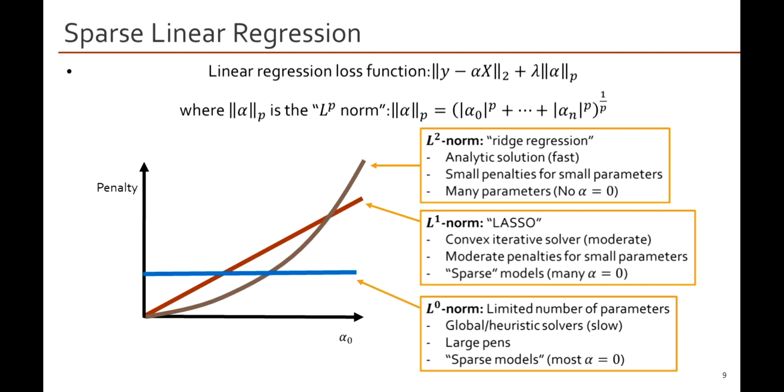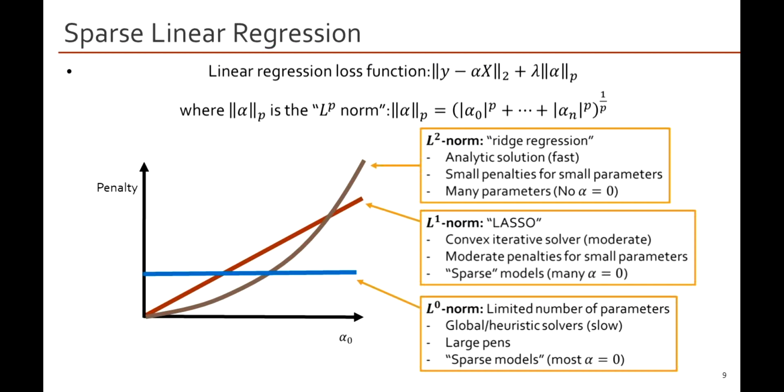And what this means is that as I train my model, my optimal solution may end up having many terms like alpha 0 that have a value of 0, just due to the nature of even small increments of that parameter leading to a penalty.